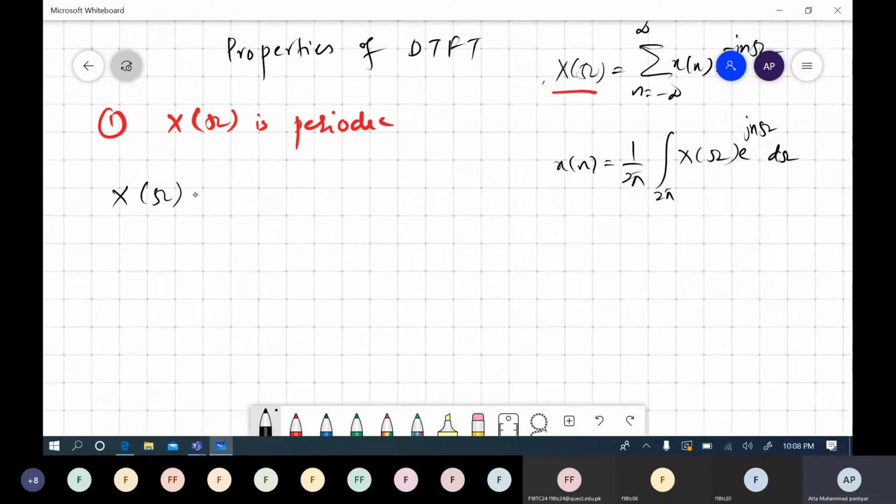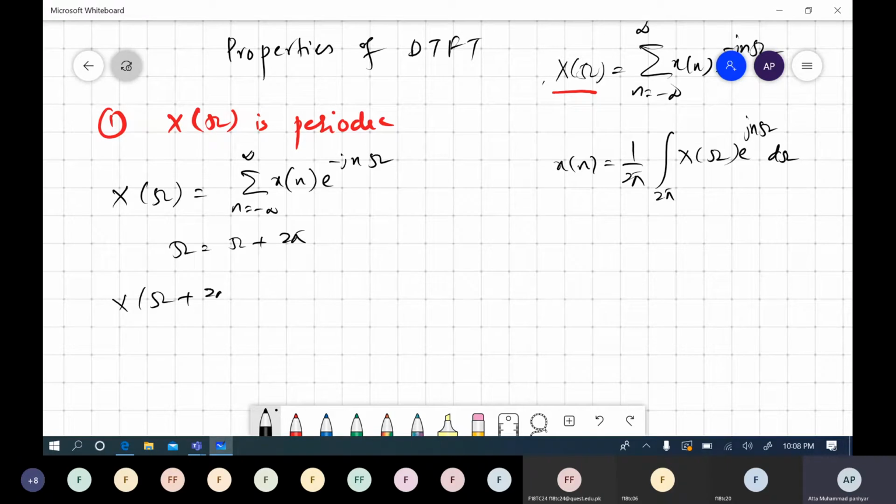For example, x of omega by definition is summation n from minus infinity to infinity x of n e to the power minus j n omega, right? Now if we shift omega by 2 pi, then what do we get?